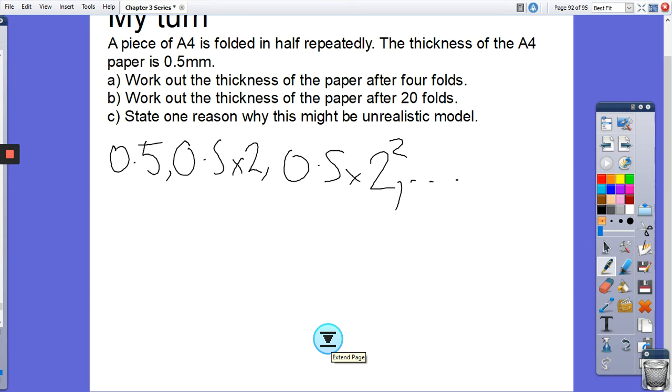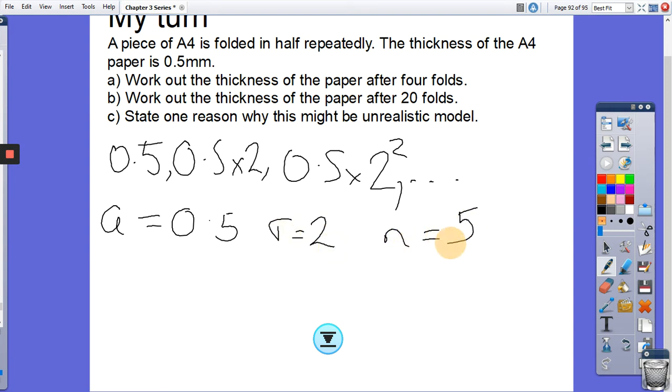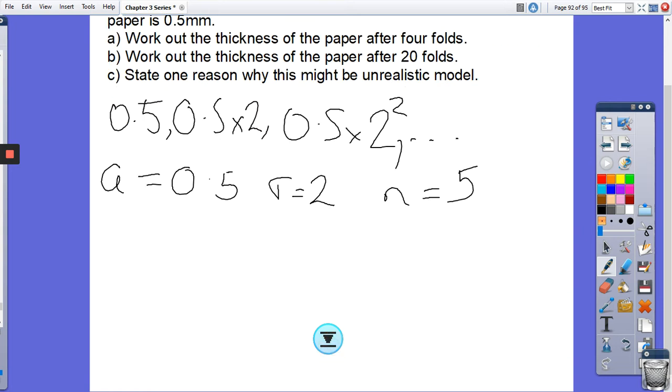So after 4 folds, so that's 5 terms. If you think about this one here, this is before any folds. So you're looking for 5 terms. So here we've got A equals 0.5, R equals 2, and N equals 5. It's the 5th term. So the 5th term is going to be 0.5 times 2 to the n minus 1, which is going to be, well, 2 to the 4 is 16.